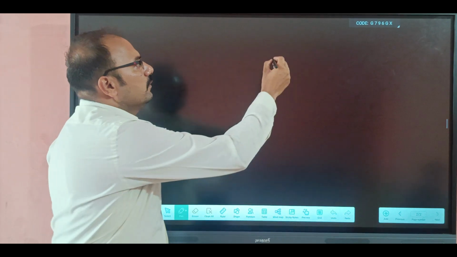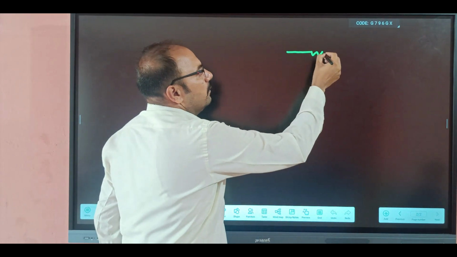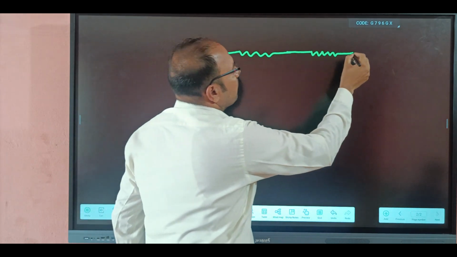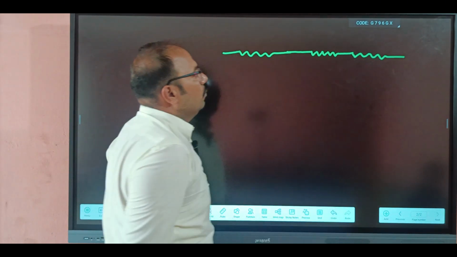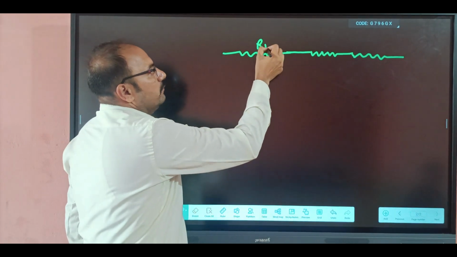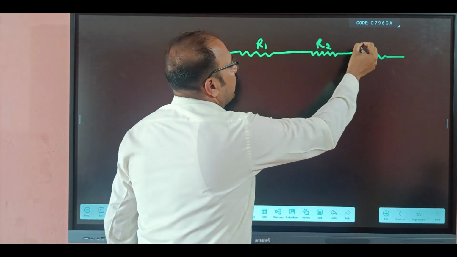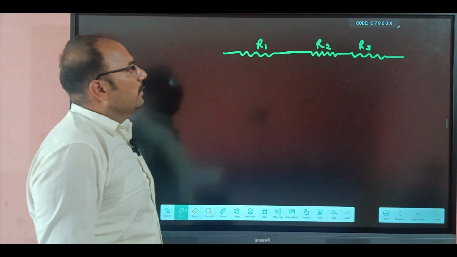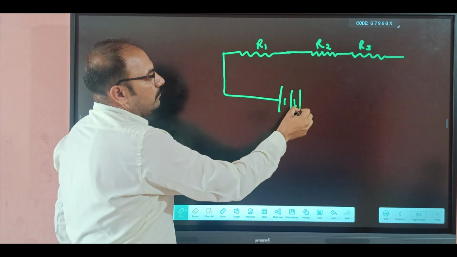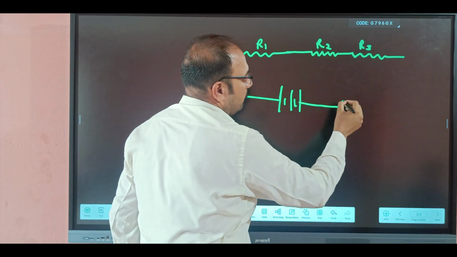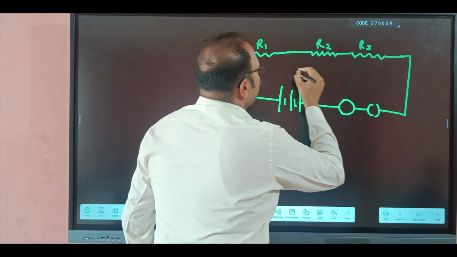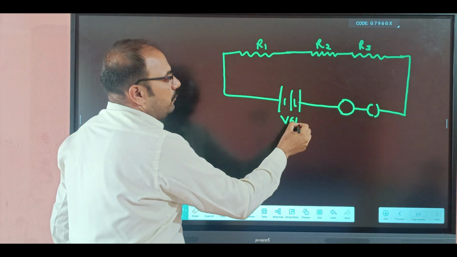For example, three resistors R1, R2 and R3 are connected in series, and here we connect a voltage source.